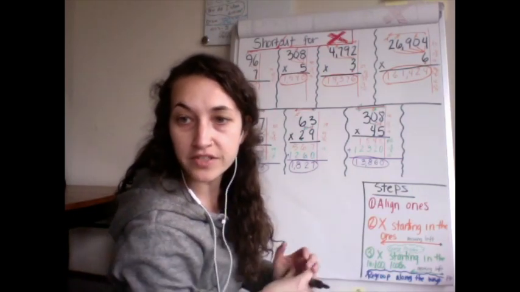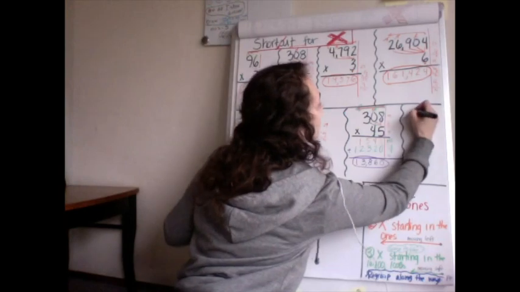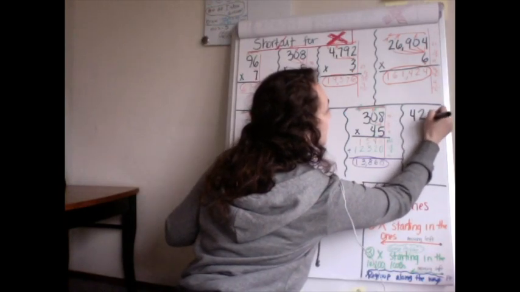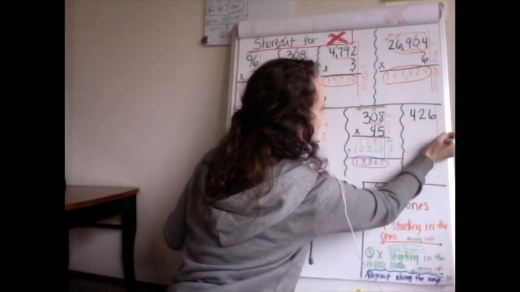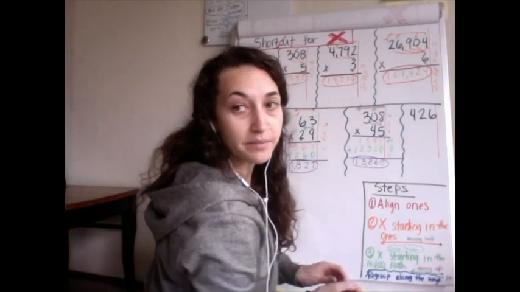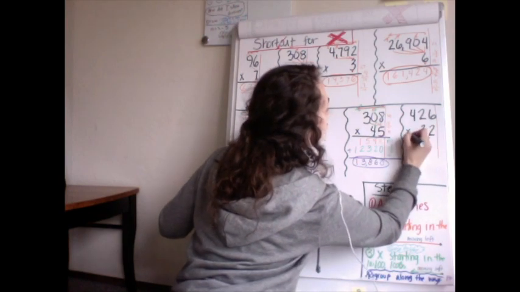This one that we're going to do is 426 times 32. 426, aligning my ones place, times 32. This is the one that we have done in the other 2 methods.